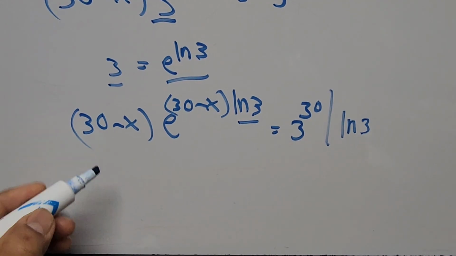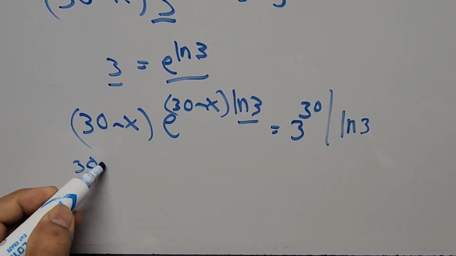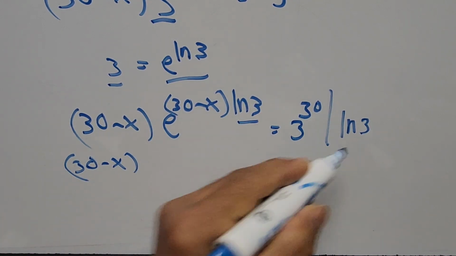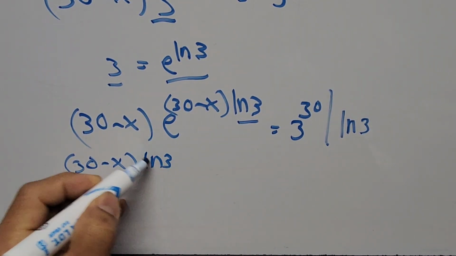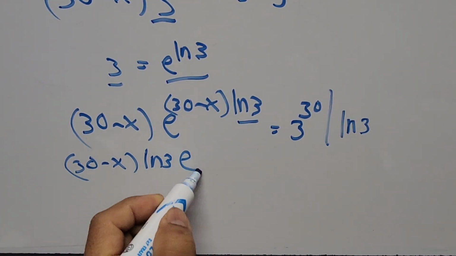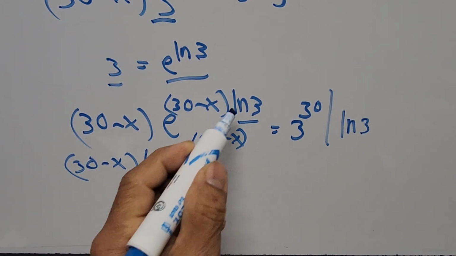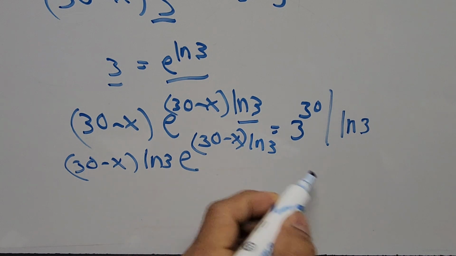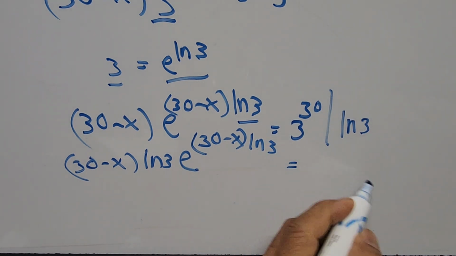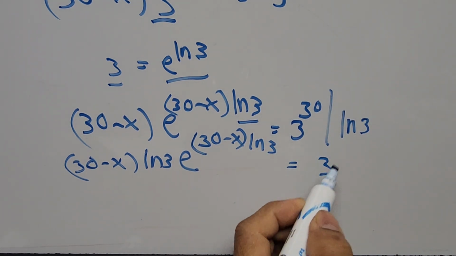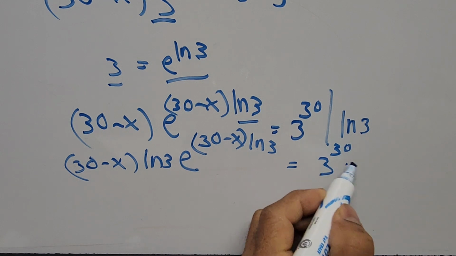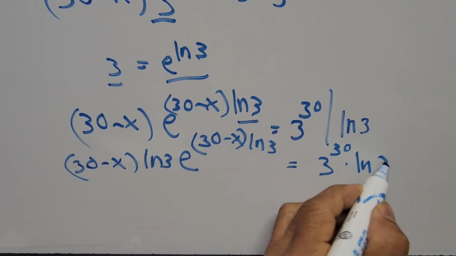So the left-hand side now becomes 30 minus x times the natural logarithm of 3 times e to the power of 30 minus x times the natural logarithm of 3, equals the right-hand side, 3 to the power of 30 times the natural logarithm of 3.